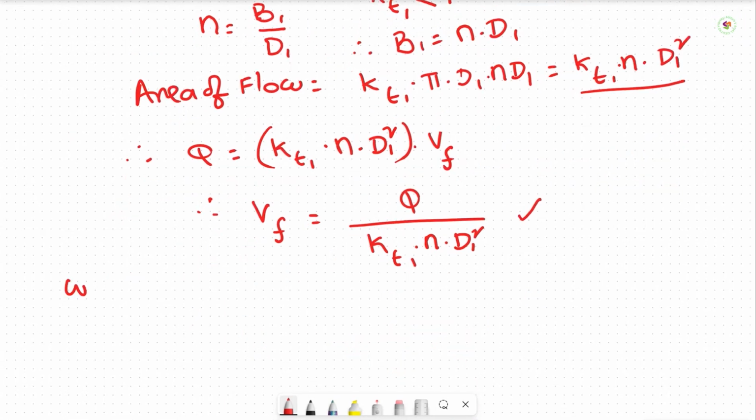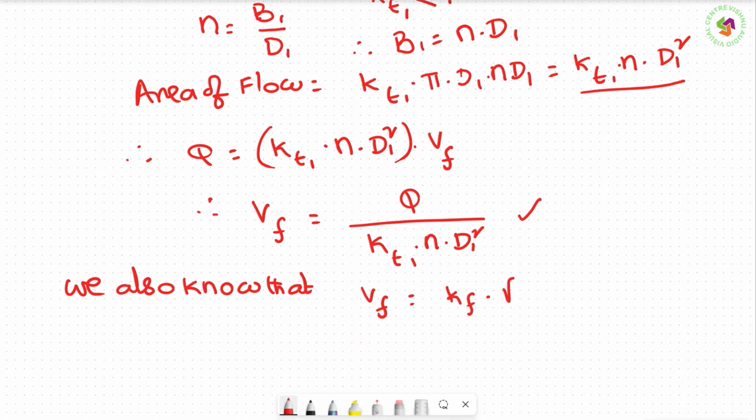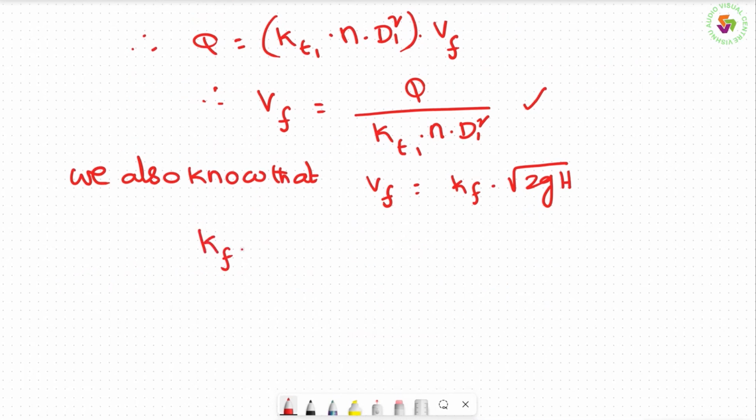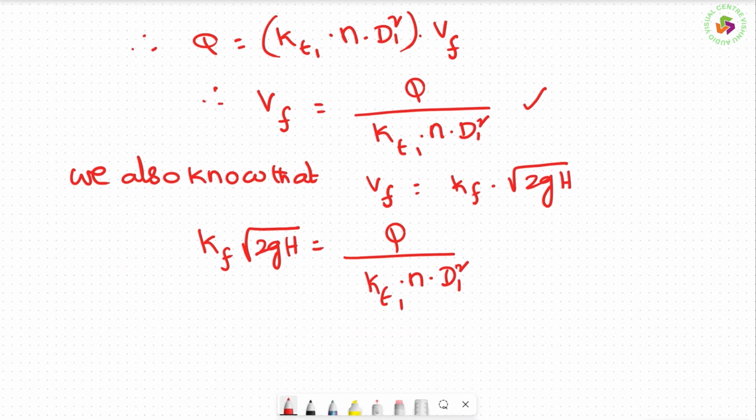we also know that Vf is equal to Kf into root 2 gH. So if I substitute that, Kf into root 2 gH is equal to Q divided by KT1 into pi into n into d1 square. Q is known, Kf is known, H is known, KT1 is known, n is known. The only unknown is d1.